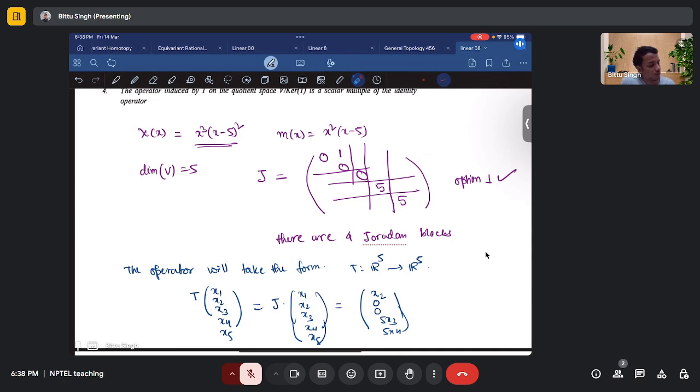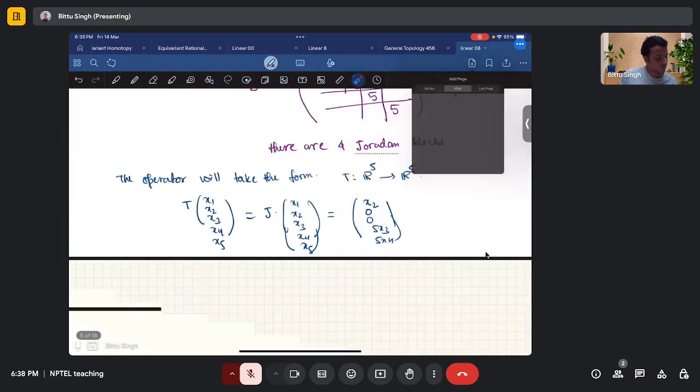Because Jordan form means what? P inverse A P will take this form. That is equivalent to saying there exists some ordered basis for which, with respect to that ordered basis, the operator will take this form. Okay.